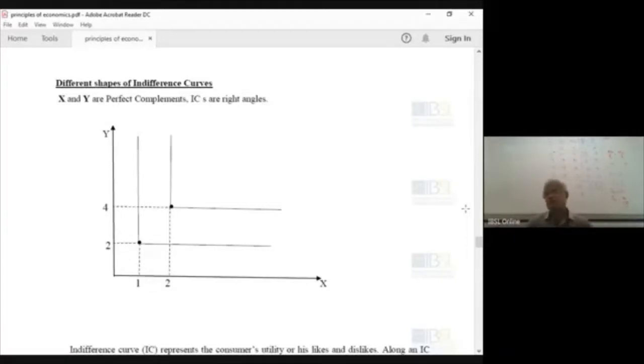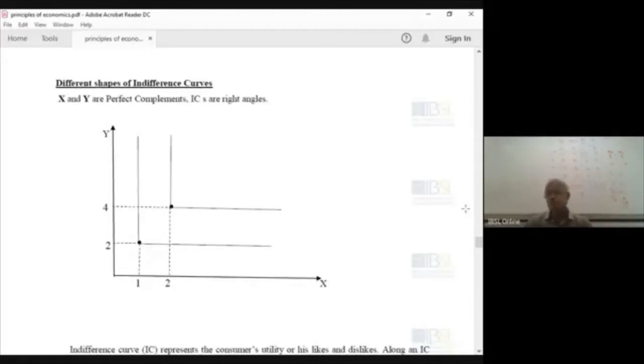We know the cross price elasticity between complements is negative. Last week we discussed negative. Now I am asking about perfect complements. X and Y perfect complements means, example again, a normal example, right shoe and left shoe.